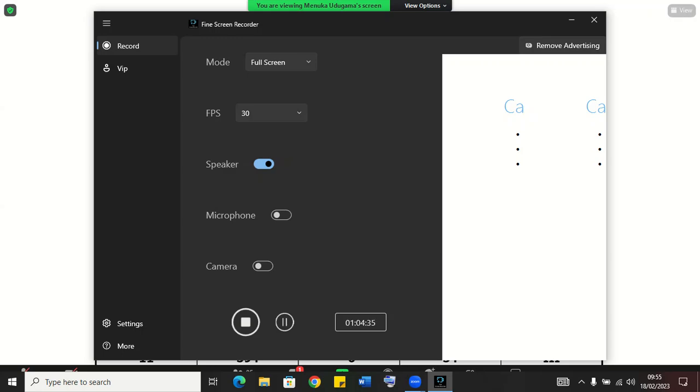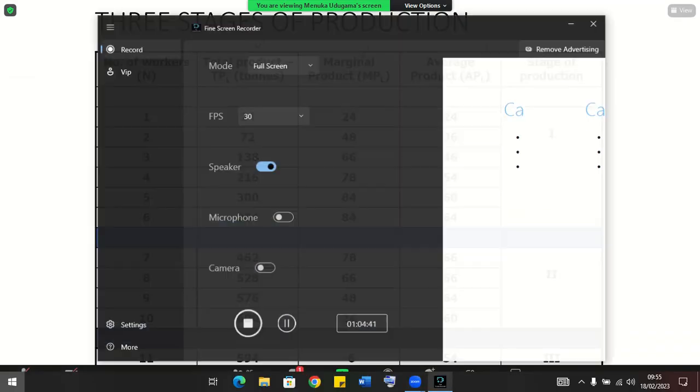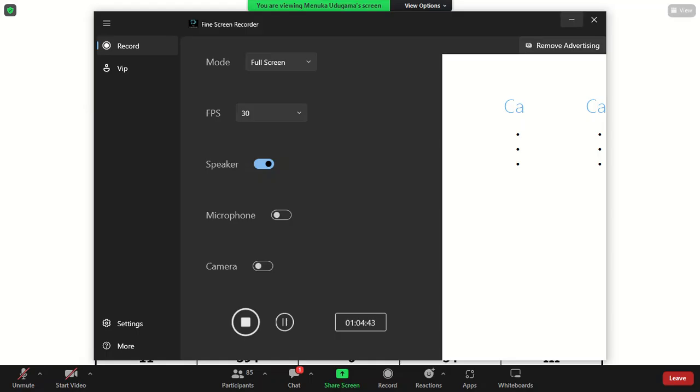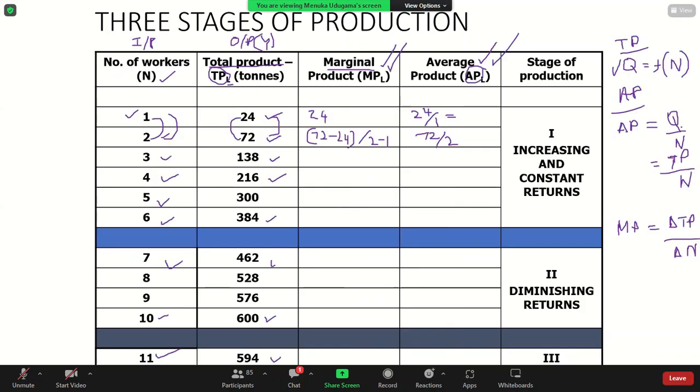If you look at the number of workers and the total product, we know it takes the shape of a sigmoidal curve, right? If you look at the numbers, you can see as you increase the number of workers one after another, the average product increases. Average product is simply the total product divided by the number of workers, or the input.